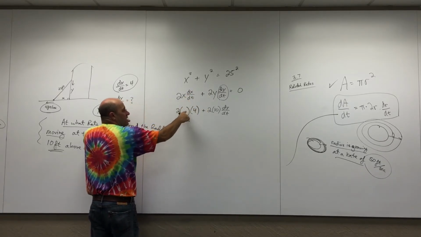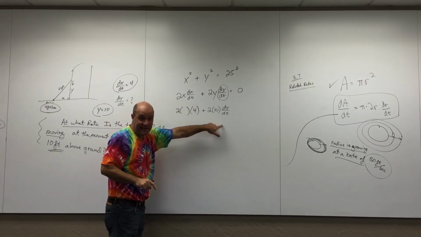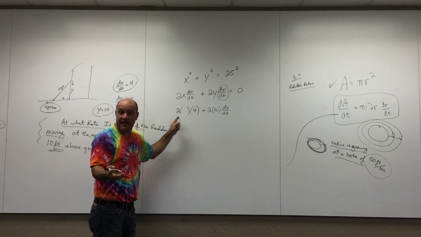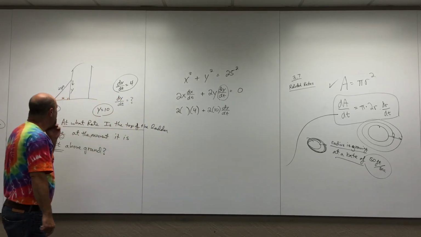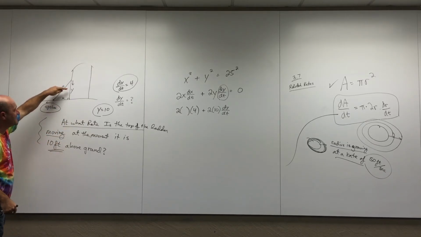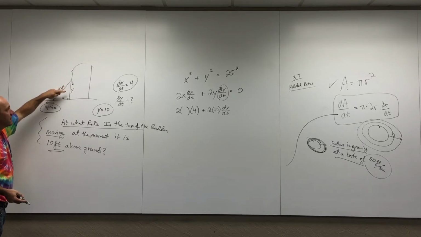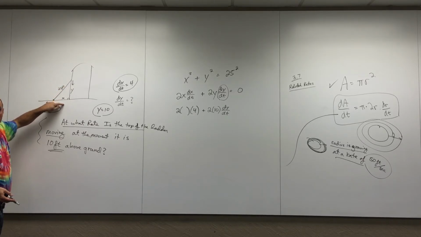But what about this x? I need this x if I'm going to solve for dy/dt. They didn't tell me x. They told me at the moment y is 10. Oh, Pythagorean theorem. They didn't tell me x.